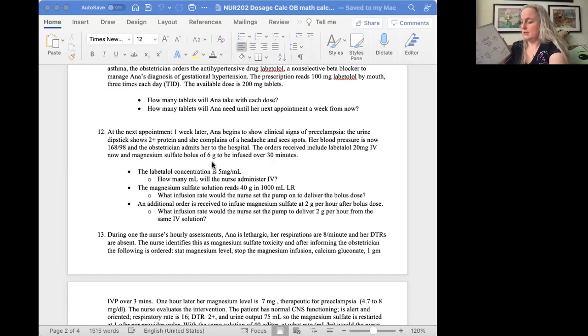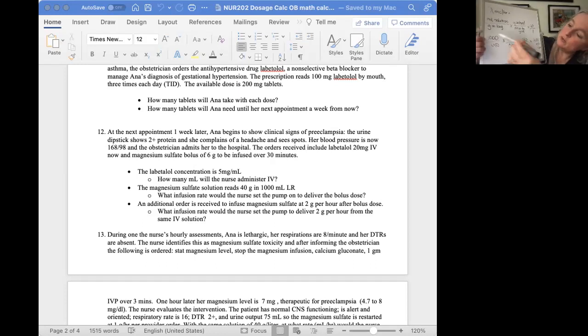So if we do 360,000 divided by 1,200, we get 300. And this is 300 milliliters per hour for 30 minutes. So 300 milliliters per hour.